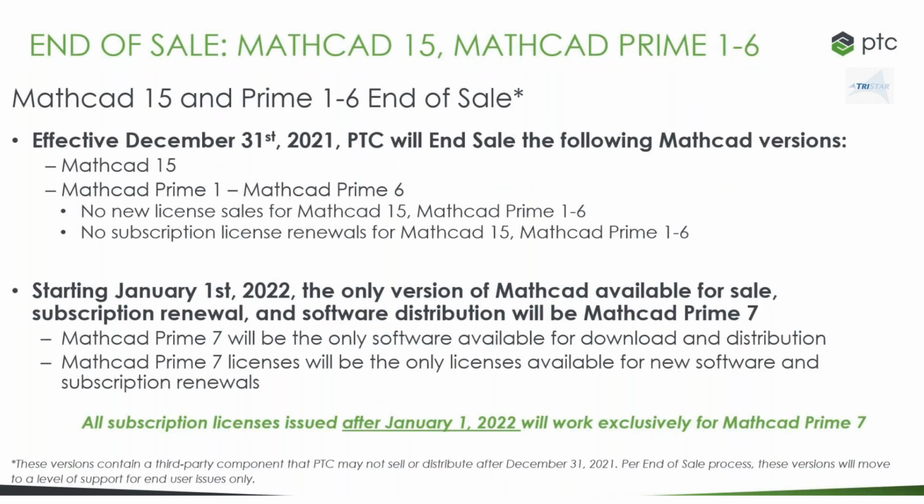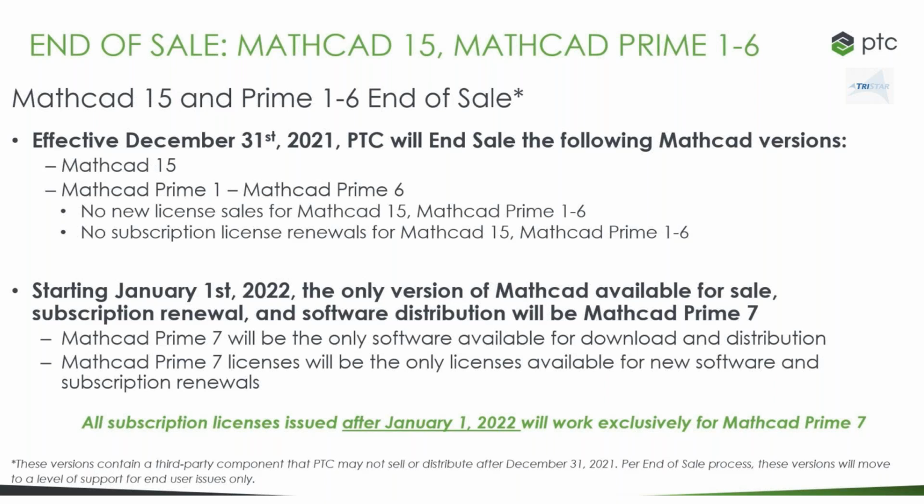So effective December 31st, 2021, PTC will end the sale of the following Mathcad versions: Mathcad 15 and Mathcad Prime 1 through 6. No new license sales for Mathcad 15. There's going to be no new license sales, and there's no subscription license renewals either for Mathcad 15 or Mathcad Prime 1 through 6.